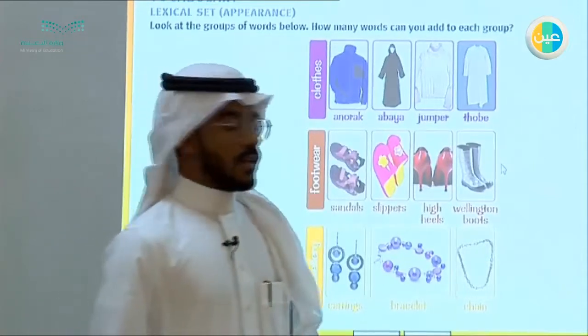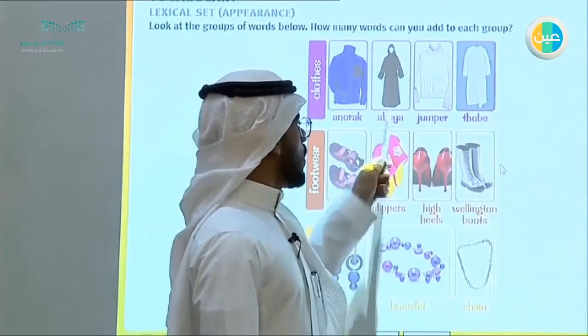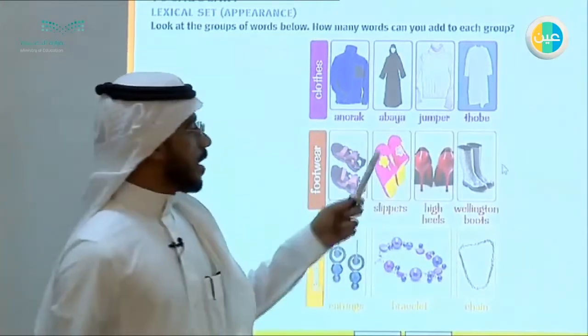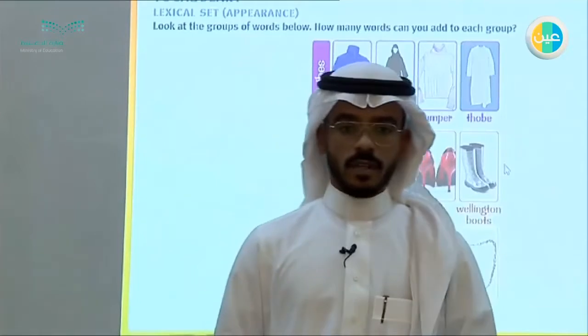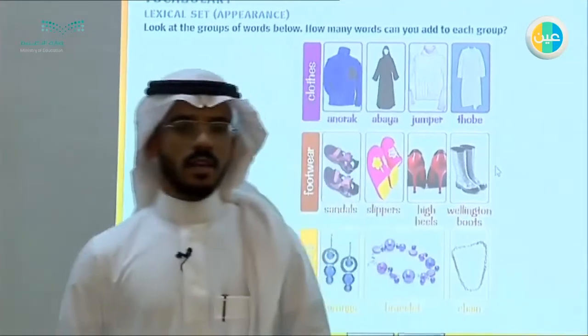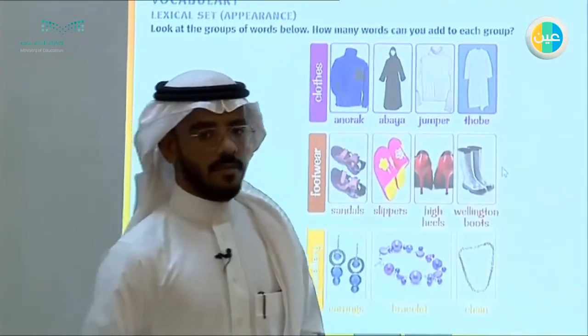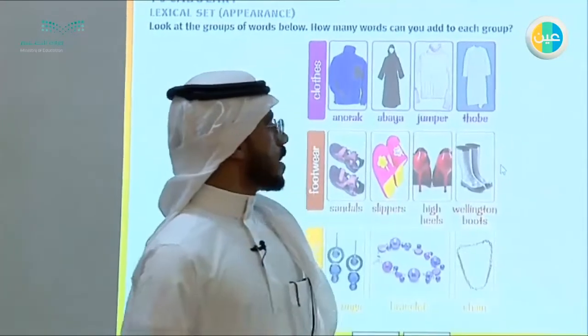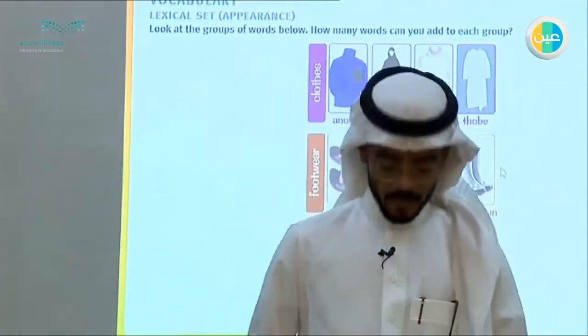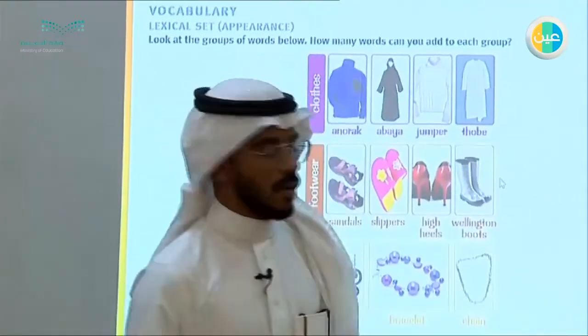This is special for women. Abaya, as we know. Jubba, this is a piece of clothing. You wear it, and it's made of wool. The last one is thobe. This is a thobe, as is known.